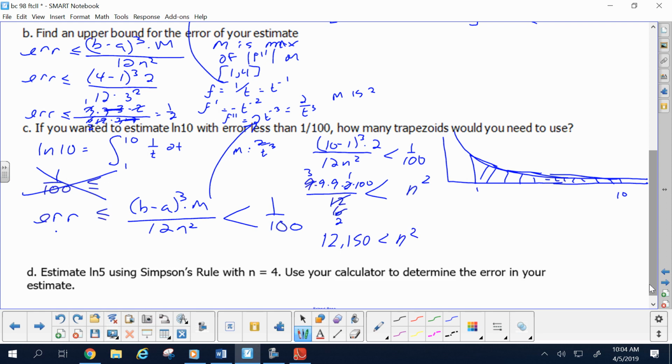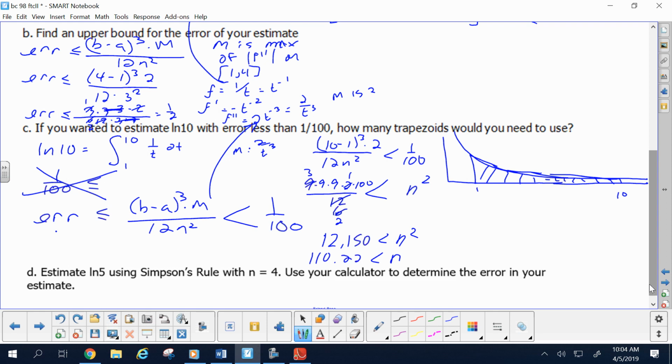No? That's not right? Ha! All right, so then n is greater than, what's that, probably greater than 111? 111? Okay, so it's, say it again, 110.227.